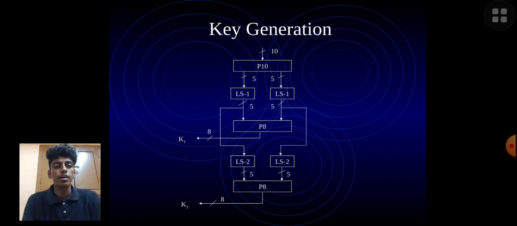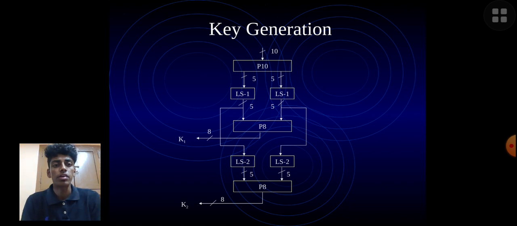As I said earlier, in the diagram the middle part is key generation. Let us see clearly how we do it. First we have the 10-bit key as the input to P10. The P10 output of 10 bits is divided into 5 and 5. The first 5 goes to LS1 and the second 5 also goes to LS1.